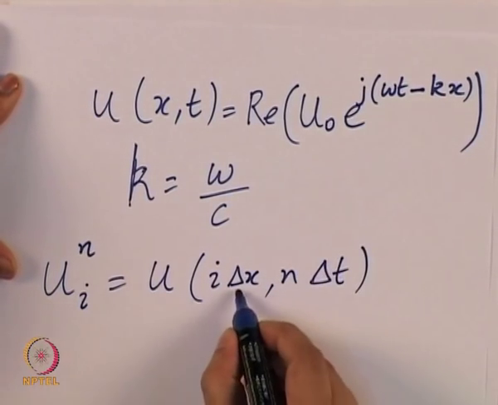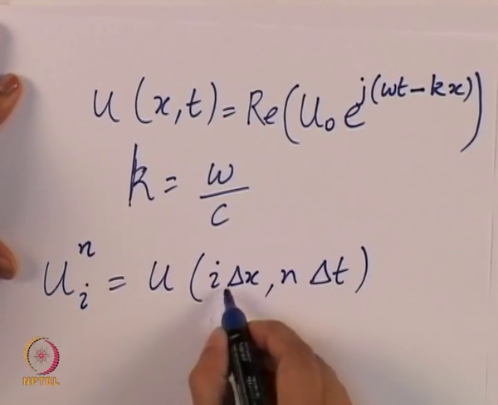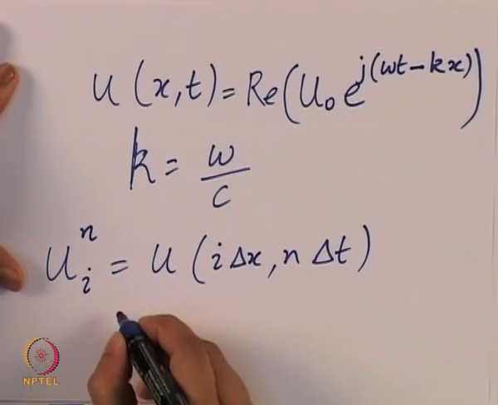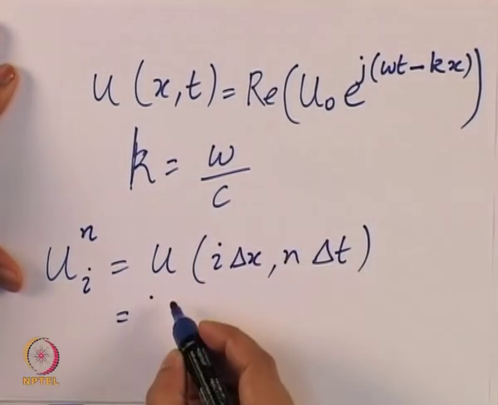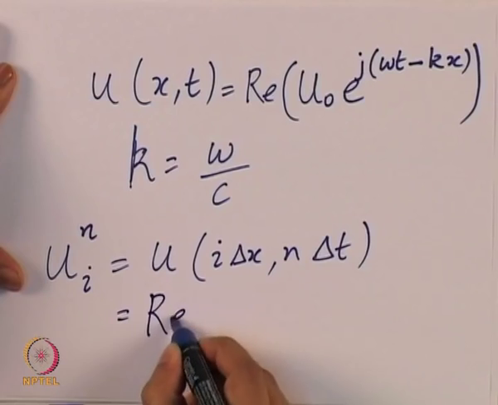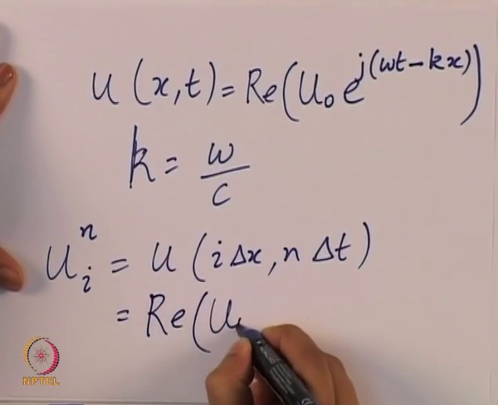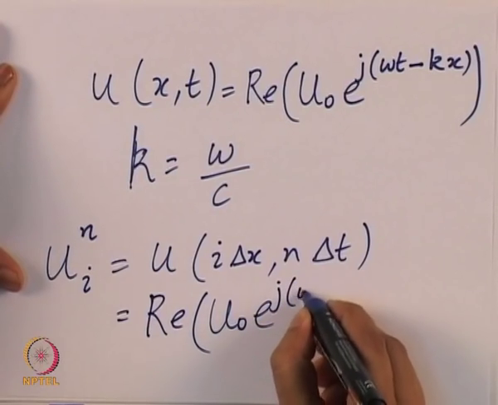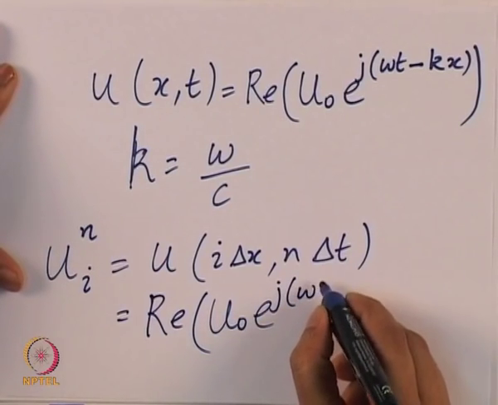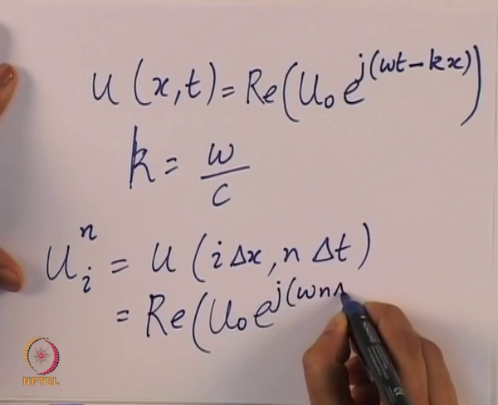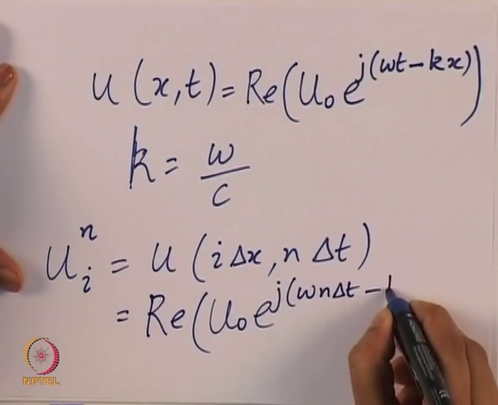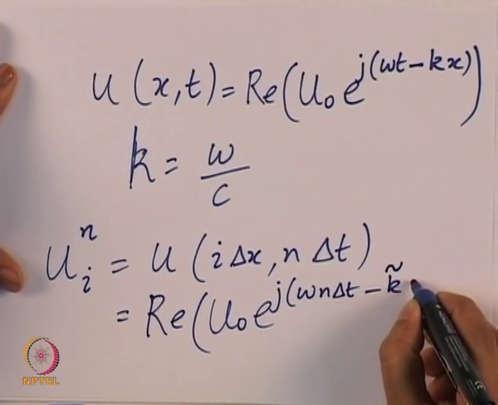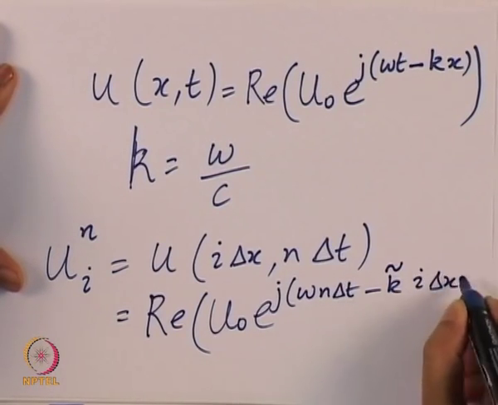Instead of writing delta x and delta t, I just denote it by a subscript and a superscript. This will be equal to, like in the case of the analytical solution, the real part of u naught e power j omega, instead of t, n delta t, minus k numerical, and instead of x, you will have i delta x.